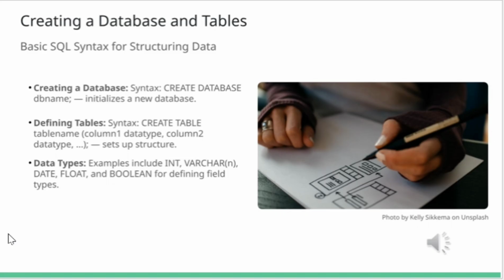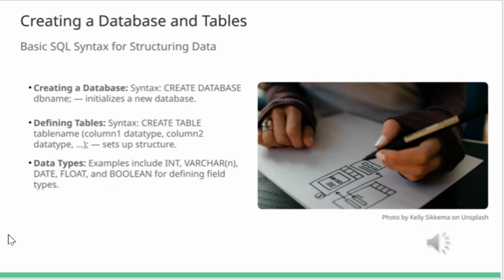Then the second one is defining tables. Now that we have created a database, it's time to define some data in it. The data will be in the format of tables having rows and columns. Once the database is created, the next step is to define its structure by creating tables.